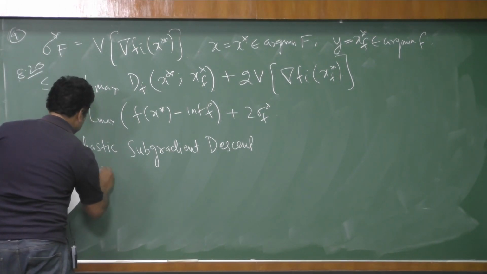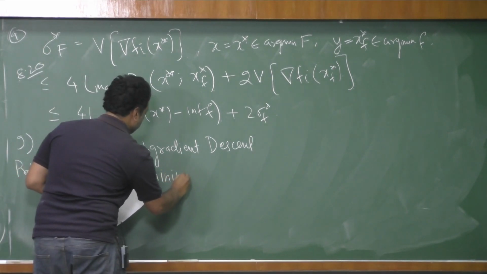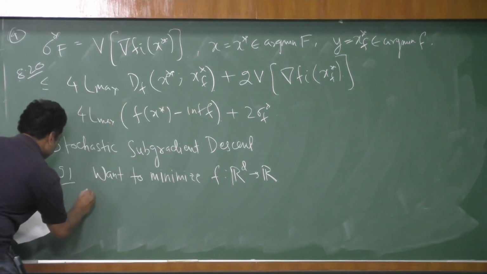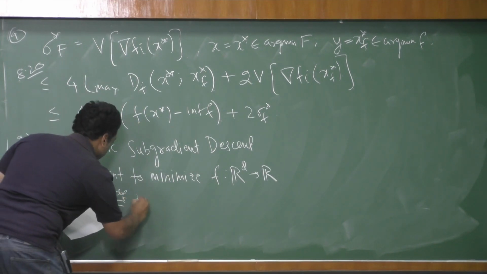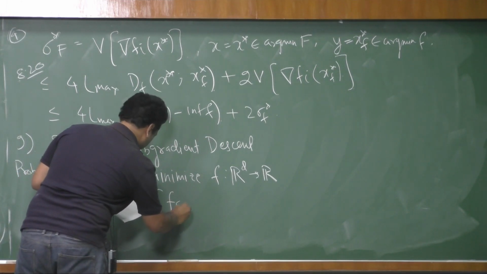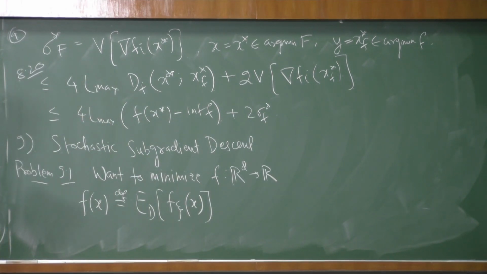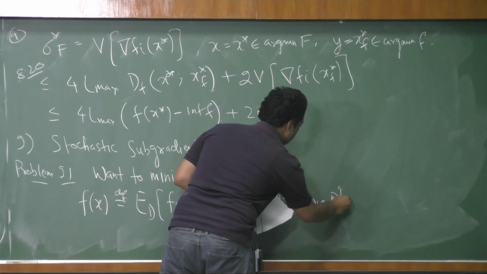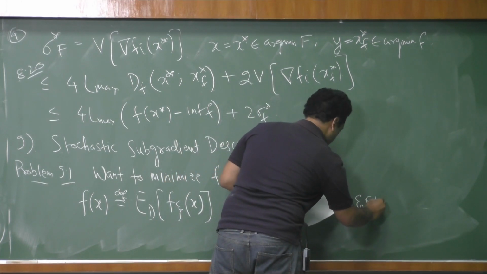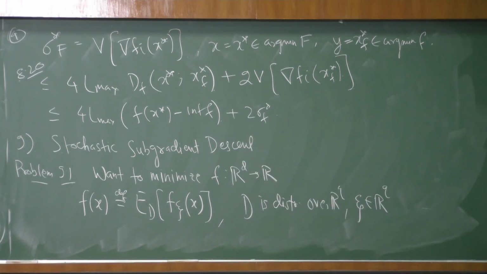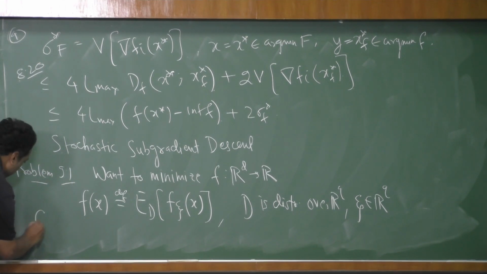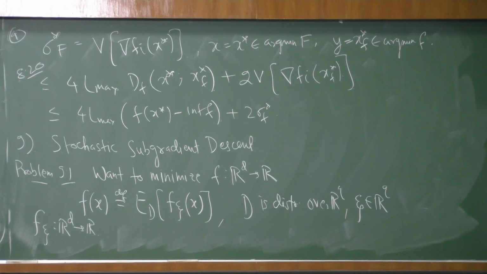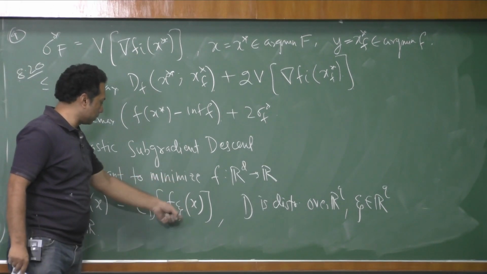So we want to minimize f from R^d to R, which is written as f(x) defined as the expectation over D of f_xi(x), where D is a distribution over R^q, and xi is in R^q, and f_xi is a stochastic function that goes from R^d to R. So basically we are interested in minimizing functions of this type, where f(x) is defined to be the expectation of some stochastic function, and this is stochastic because of the xi.